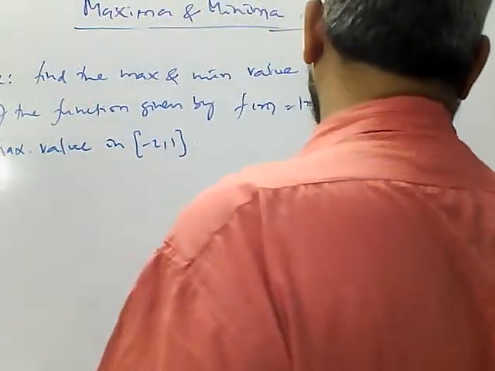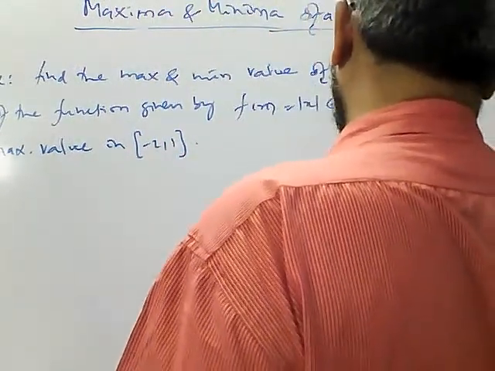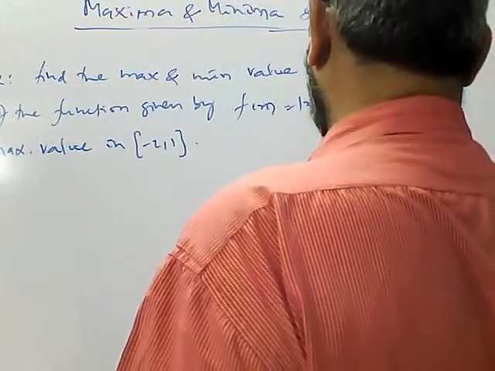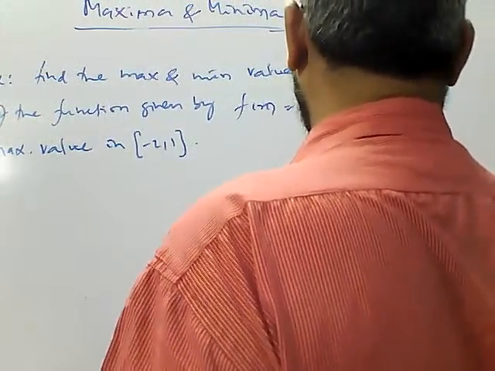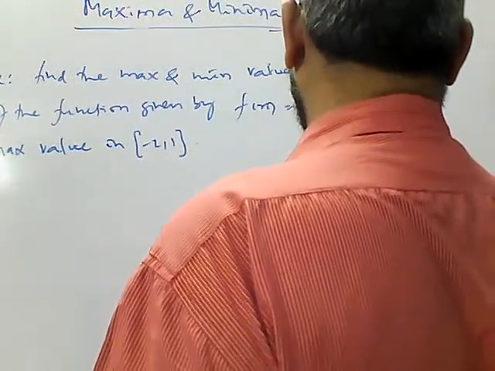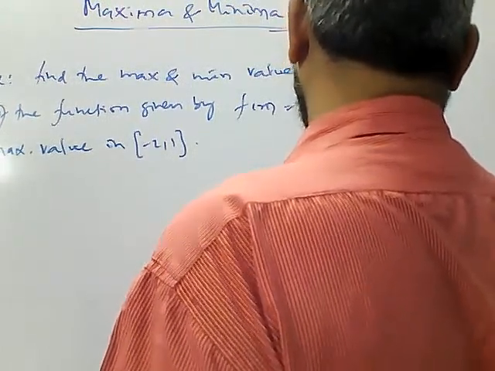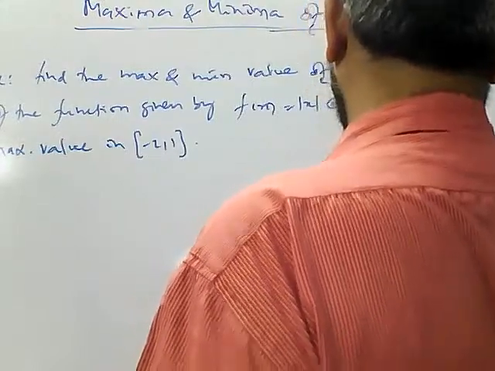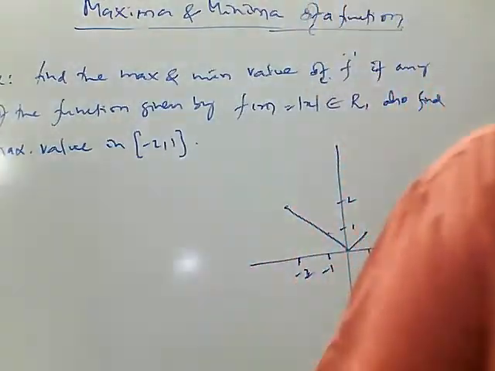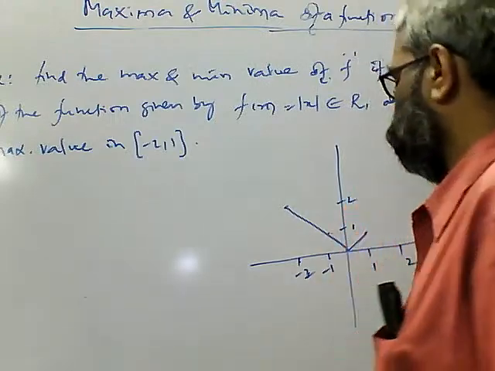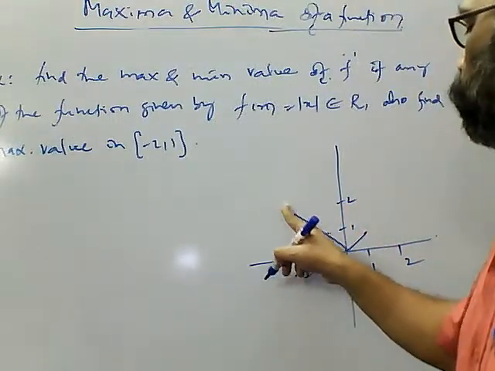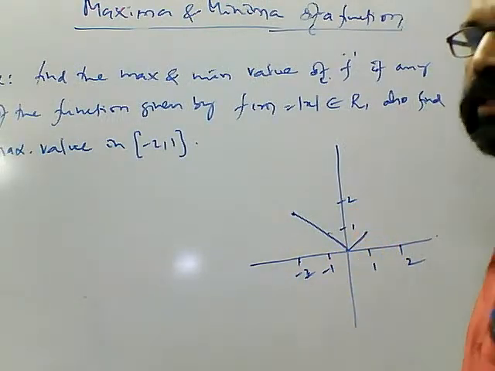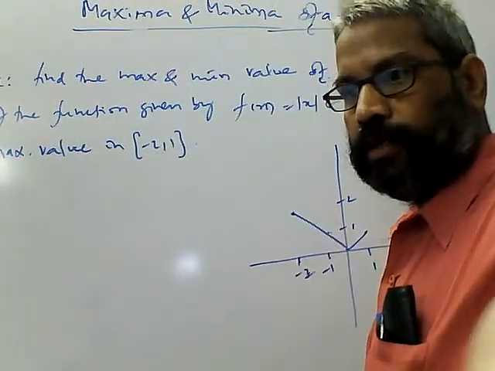Now plot the graph. Minus 2, also 2 will be there, and minus 1, also 1, and 0, 0. Because the values are from minus 2 to 2 and minus 1. Right? Now this is the question.